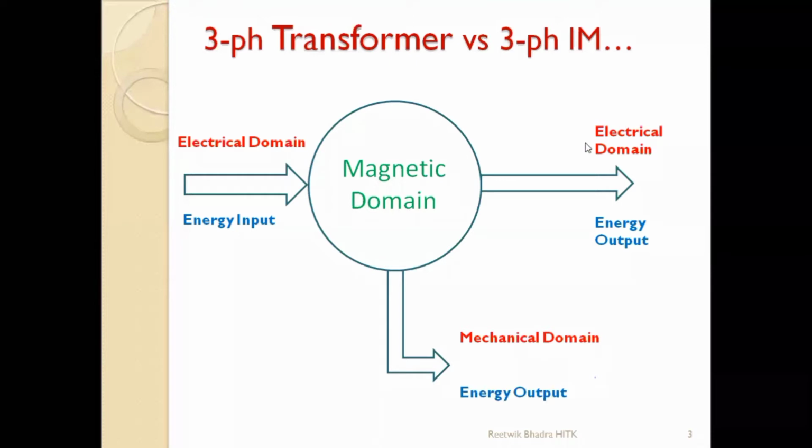So this electrical domain to electrical domain conversion is done by a transformer. Electrical domain to mechanical domain is done by an induction motor. So the same means is being used to transform the energy from one form to another by the transformer and the induction motor as a whole. But in the induction motor the output is in mechanical form. In the transformer, we have electrical form.